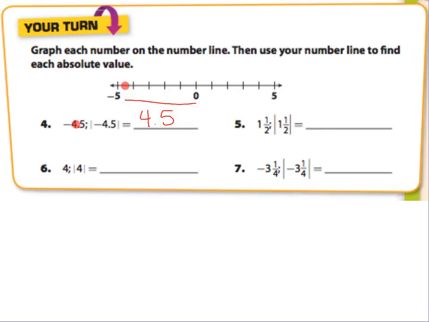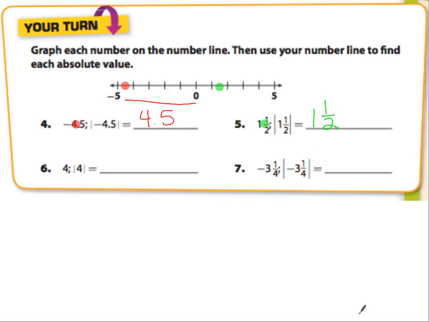So then now my next one is going to be 1.5. So 1.5 has to be 1 space and then another half away from 0. And I know each space is worth 1 because if I count up to the 5, 1, 2, 3, 4, 5, it works. So in this case, since the number itself is positive, I know that my answer is just the number itself.